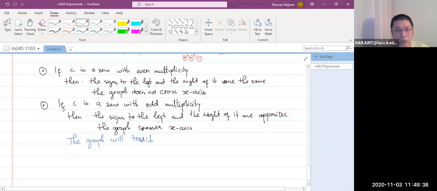If it doesn't cross, then it will touch the x-axis or cross the x-axis, similar to x to the m, where m is the multiplicity.